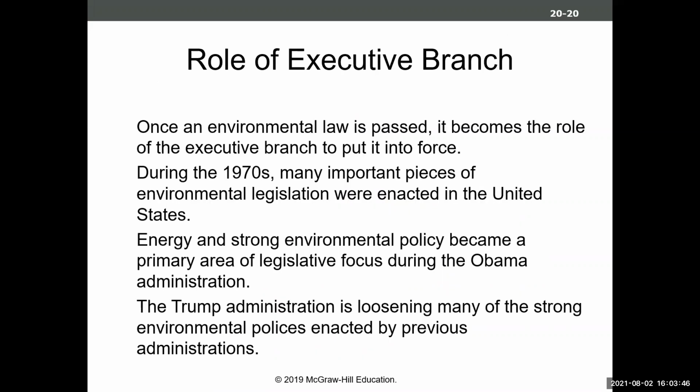And so again, they put that in force. During the 1970s, there was a lot of important environmental legislation that was put into action. And with the Obama administration, we had a lot of environmental policy coming out, but then some of that policy was brought back or reduced, loosened, as it says here, by the previous administration.